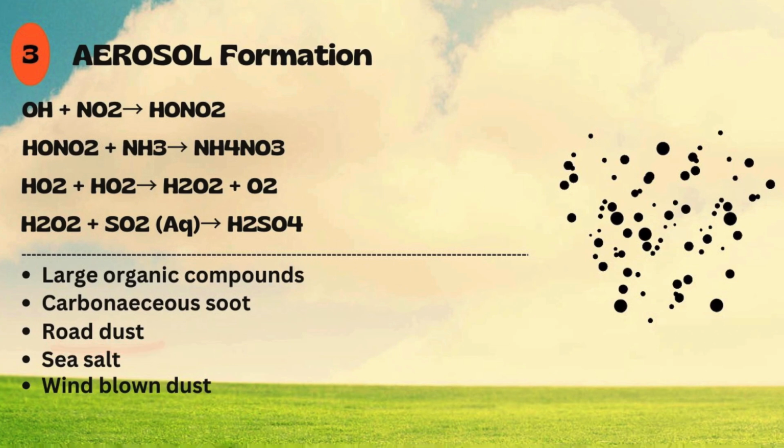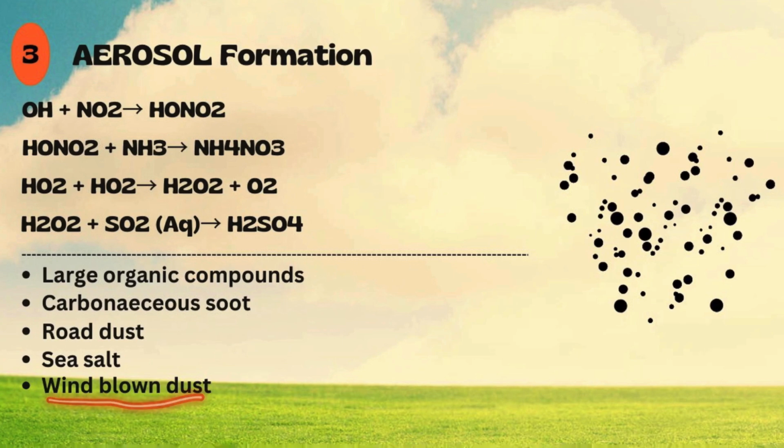Then there is the emission of road dust. This also contributes to the formation of aerosols, and this road dust is produced from tire erosion, road work, and traffic. Next, sea salt spray forms aerosol particles, and these sea salt aerosols from surf and windy spray can also add to the aerosol burden near ocean shores.